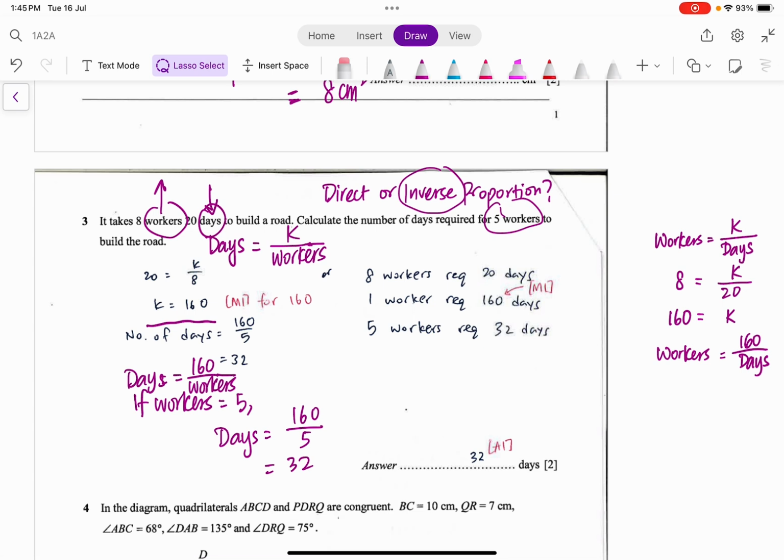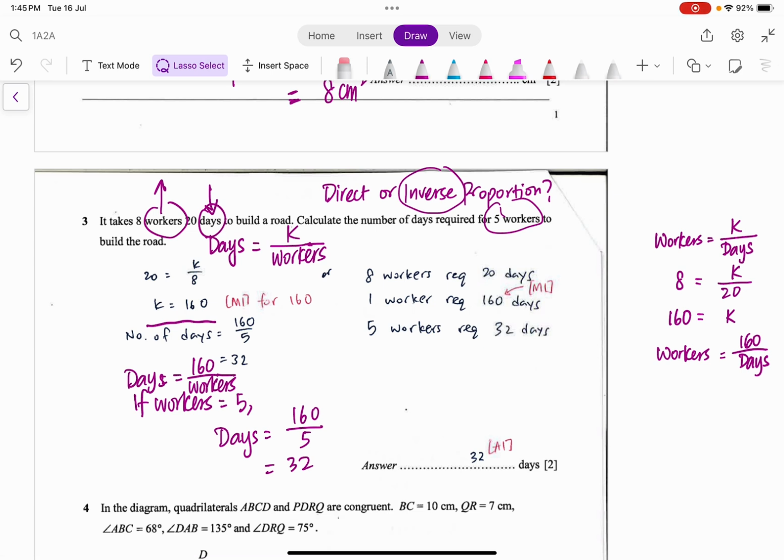Okay? So that means this 1 worker, that road needs 160 days to finish by 1 person. Okay, so that is the amount of work.